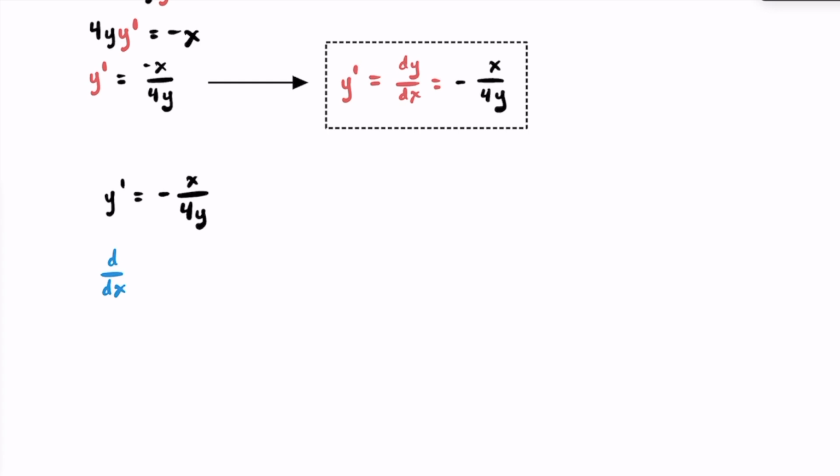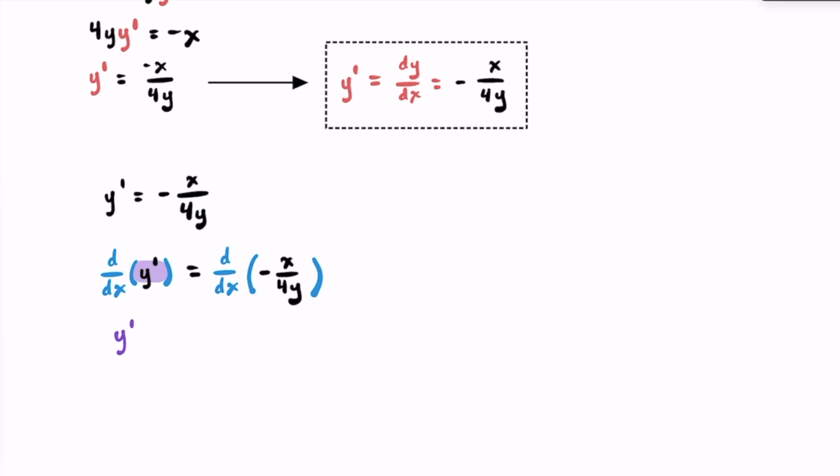So let's find d dx of this y prime on the left side of the equation. And on the right side of the equation, let's find d dx of this negative x over 4y. So let's apply that to both sides of this equation. Now on the left side, if you take d dx of this y prime, we're really just finding the second derivative of that. So that's just going to be y double prime.